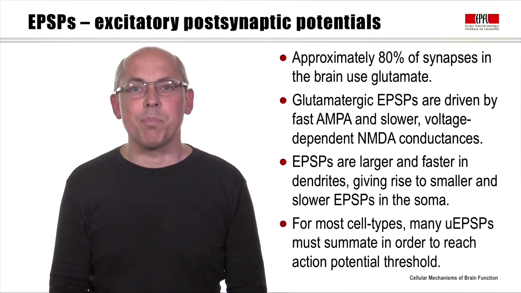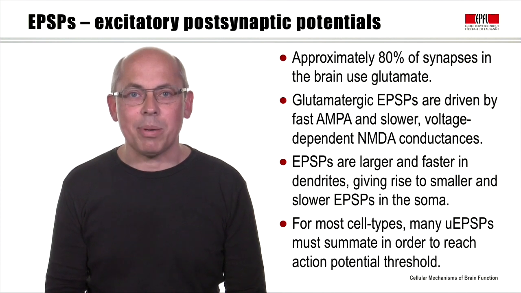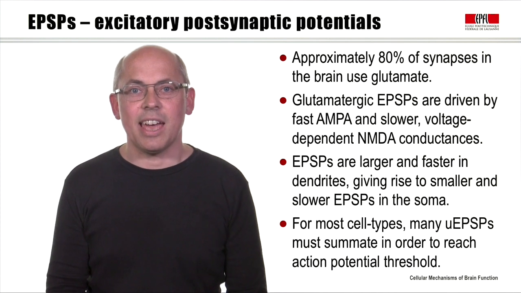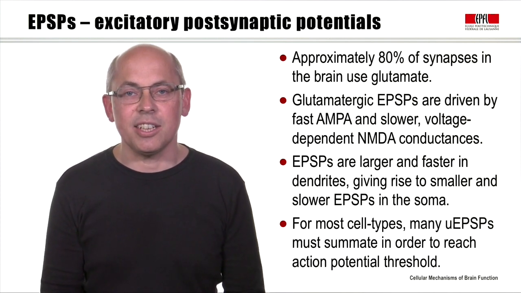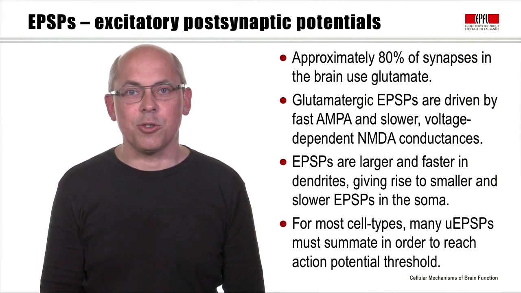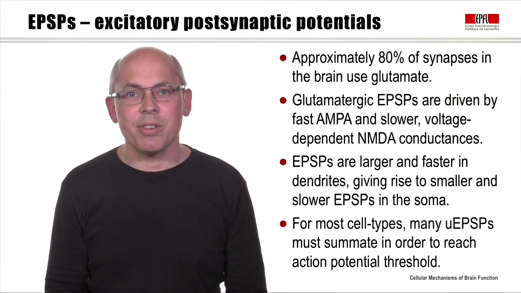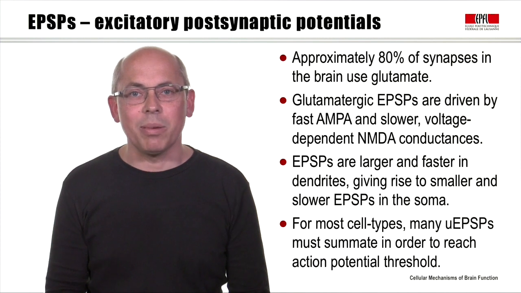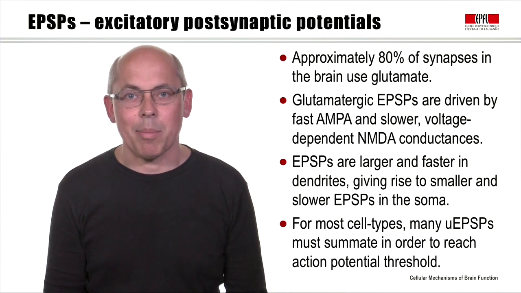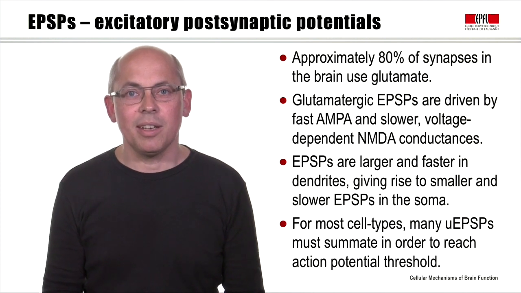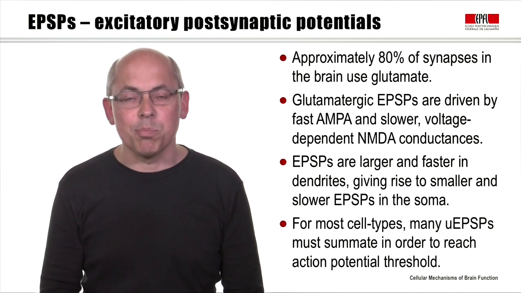The postsynaptic responses are composed of rapid AMPA conductances and much slower, longer-lasting NMDA conductances that in addition have a voltage dependence to them. And it's that voltage dependence of the NMDA receptor that gives rise to complicated membrane potential dynamics.